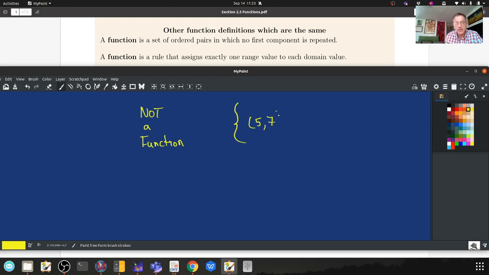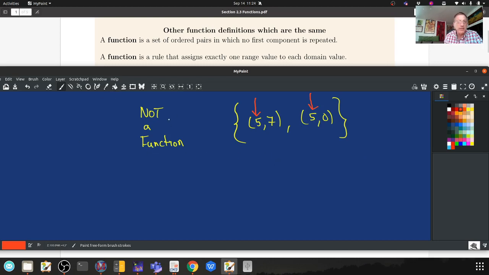5 and 7, and 5 and 0. This is a relation. Why? Because it's a set of ordered pairs. But it's not a function because a function is a set of ordered pairs where no first component is repeated. Well, here I have a 5, and here I have a 5. So the x value is repeated. So this is not a function.